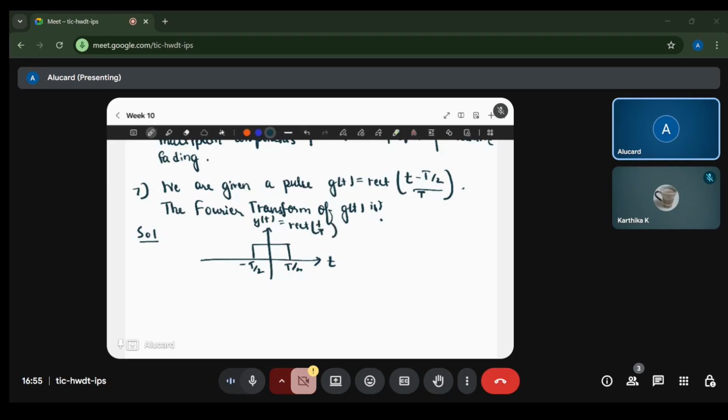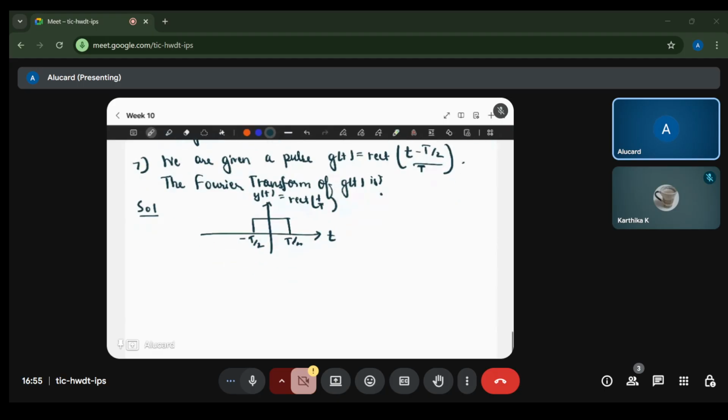Now we have a shifted version of the rectangle. First let's do it for the rectangle.